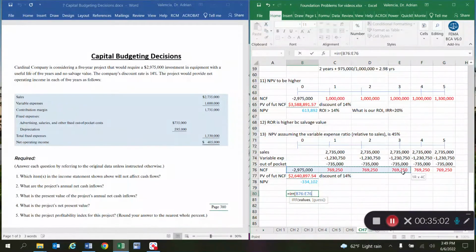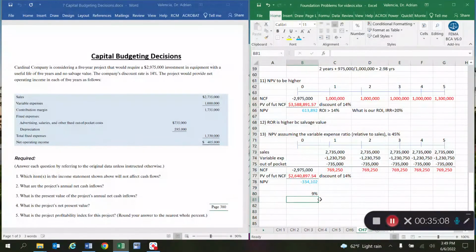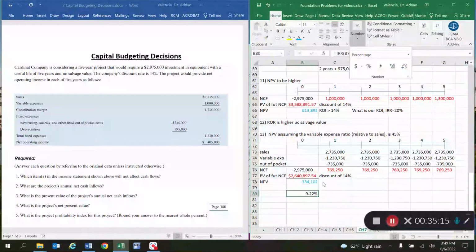Select your cash flows here, and then close this and let it guess. And basically it's saying that if we were to take on this particular investment, we would be making roughly 9%, which is way lower than the 14% that we are required.